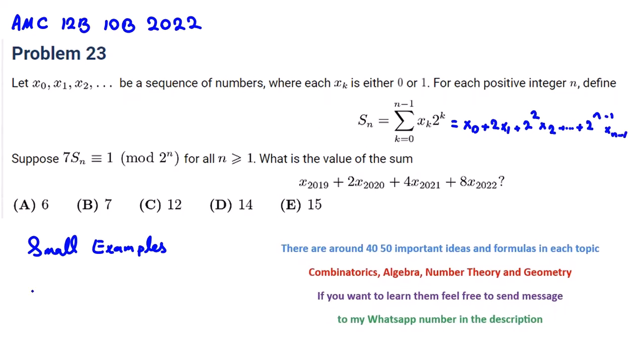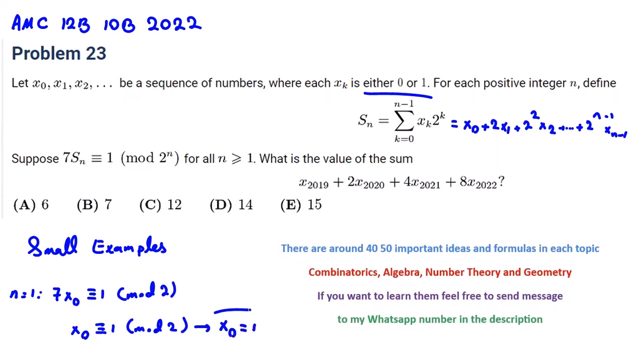So here, for n equals 1, S1 is x0. So it will be 7x0 is congruent to 1 mod 2. So 7 is what mod 2? 1. So x0 is 1 mod 2. And because it says they are either 0 or 1, here x0 is 1.